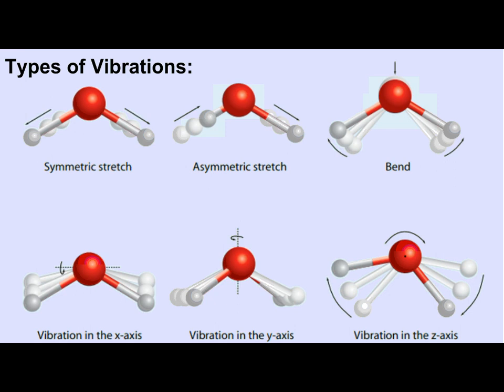With a bend, you go down into a squat as your arms come up. Then with vibration of the y-axis, you put those arms up and bring it up. And the vibration of the z-axis, you just open your mouth.